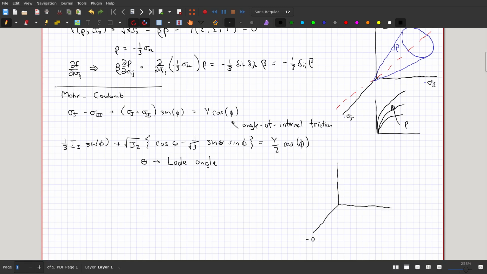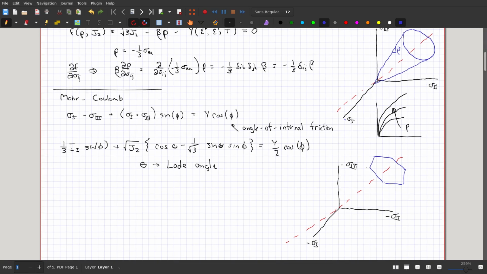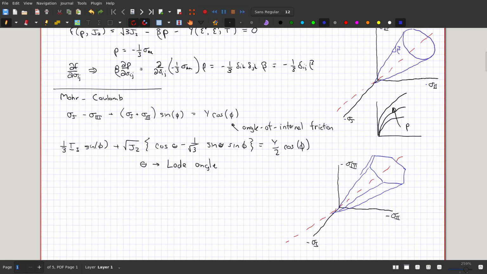So again, we'll be like minus sigma 1, so this guy looks like something like that.